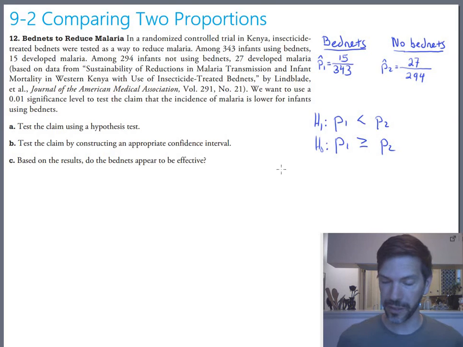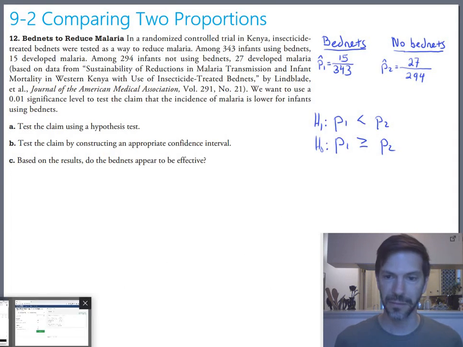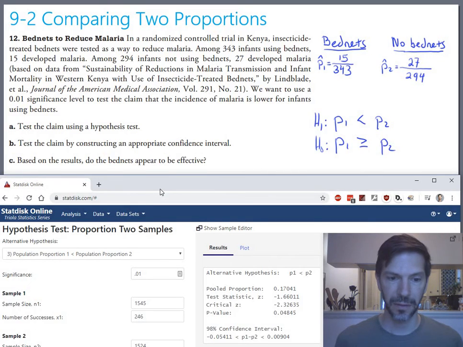And we are ready to grab StatDisk. So first of all, the claim is that P1 is less than P2, so population proportion 1 less than population proportion 2. That's already what we want, left over from the last one. Significance level is 0.01 again.